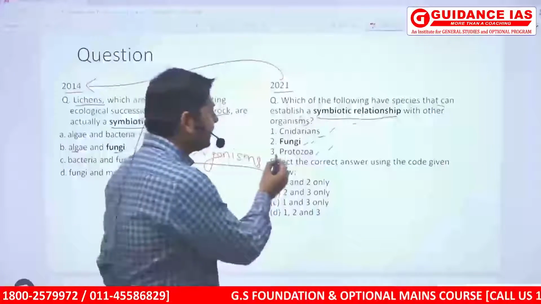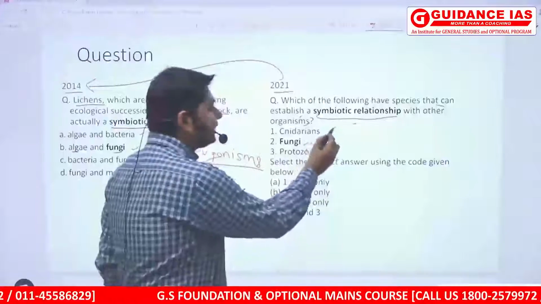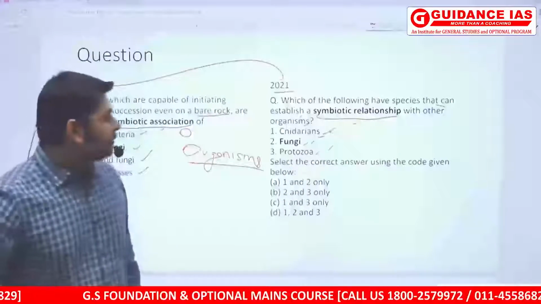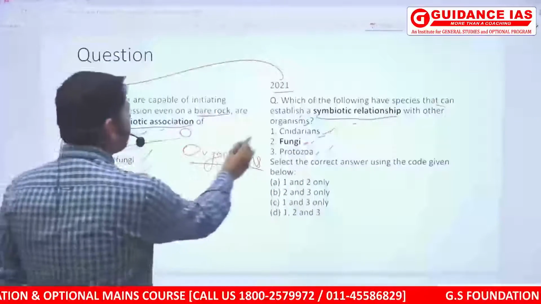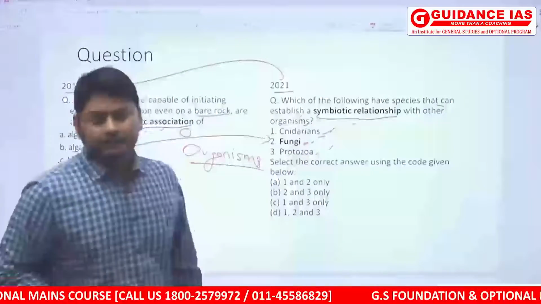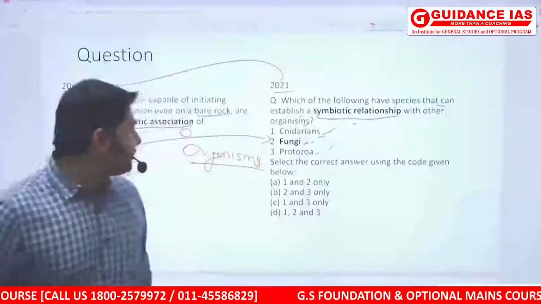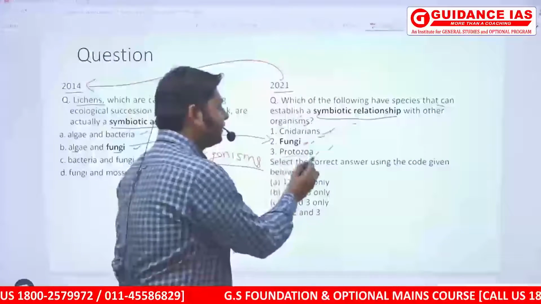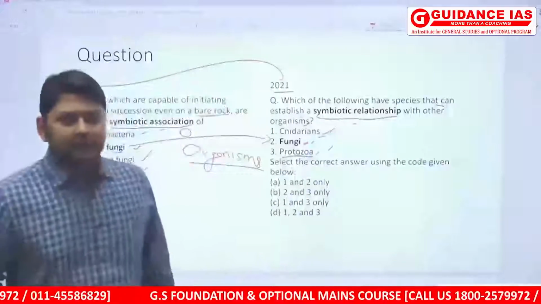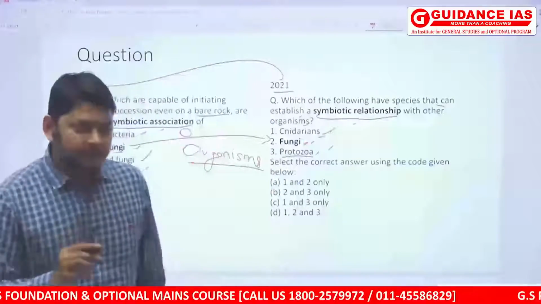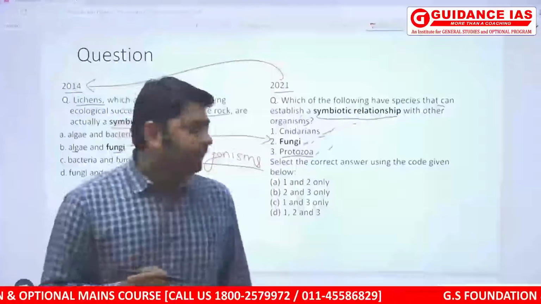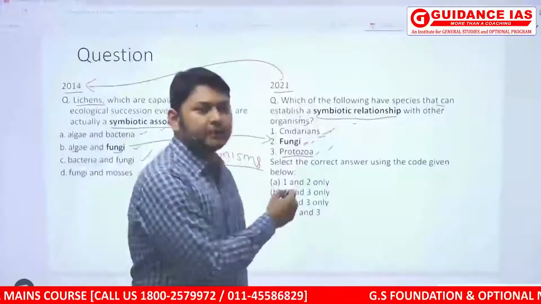So here we have seen that cnidarians have a very good symbiotic relationship. Fungi, as specified here, also have a symbiotic relationship. Now protozoa. Protozoa also have a symbiotic relationship, for example with termites.